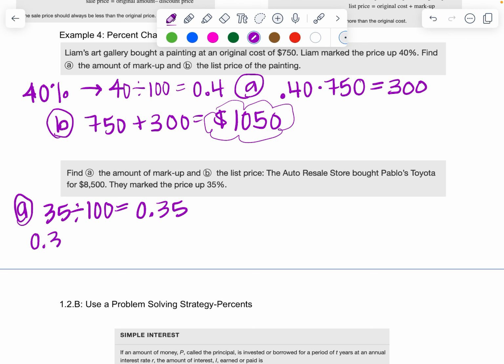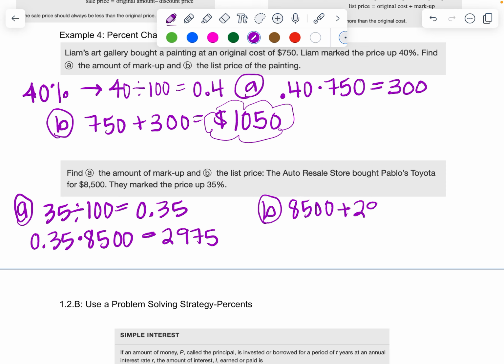So we'll take our markup rate times the price, and we get $2,975. So that means the dealership bought it from Pablo for $8,500, but they're going to sell it for $8,500 plus $2,975, and they're going to sell it for $11,475.